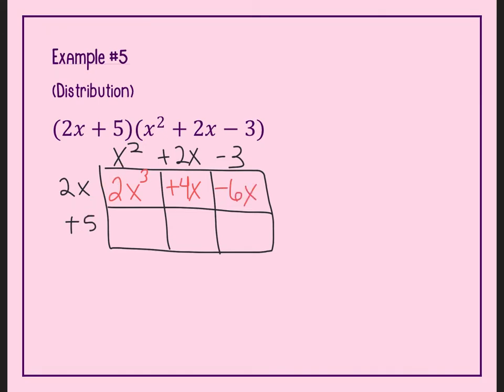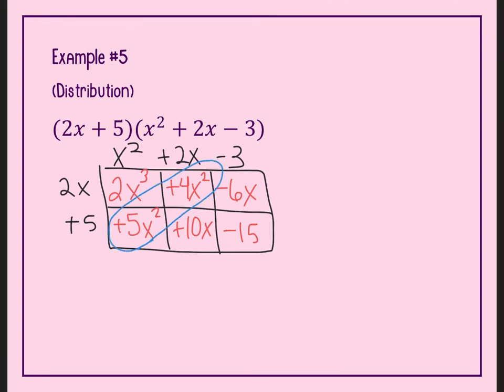5 times x squared is positive 5x squared. 5 times 2x is positive 10x. Oops, and apologies, that should have had a square on it. Let me go back to that one. 2x and 2x is 4x squared. And my very last term, 5 times negative 3, is negative 15. So now notice where your like terms are.